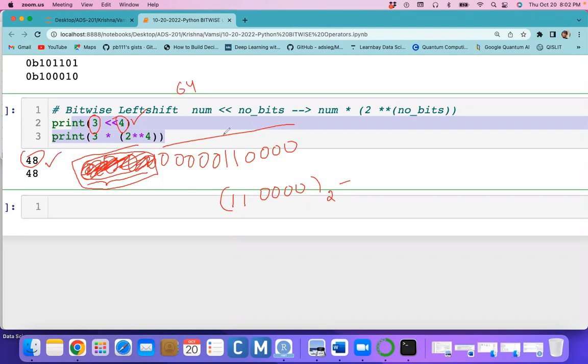Clear? It's a little tough to understand and remember everything, and that's the reason you can use the standard formula: the number multiplied by 2 power of the number of bits you are shifting. You just remember this formula and you'll get the result. Clear, right?